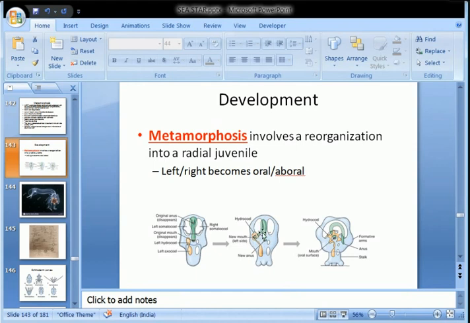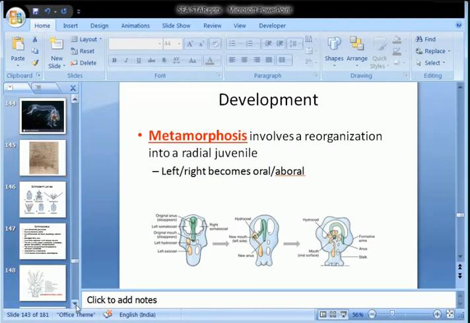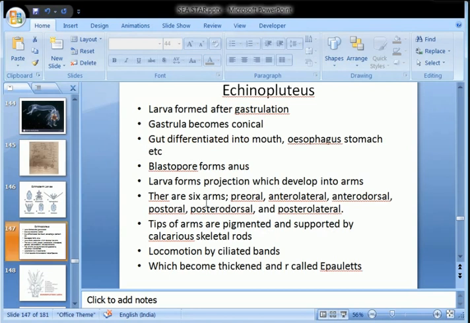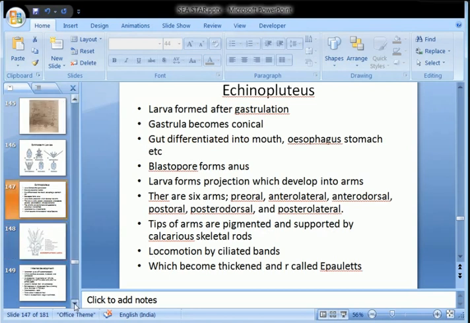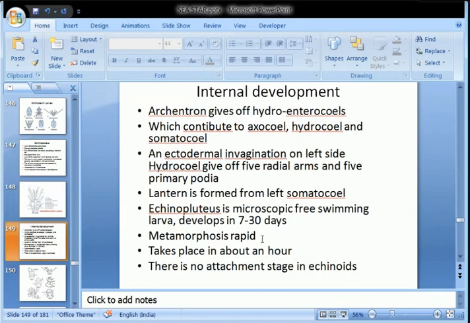This water ring develops and develops further. Here you see this water ring. So the coelom contributes to the formation of these channels which will later form the water vascular system. Similarly, such development occurs in other larvae like the echinopluteus.